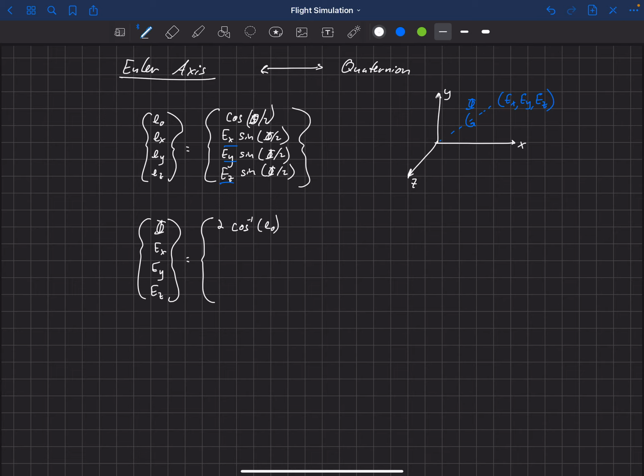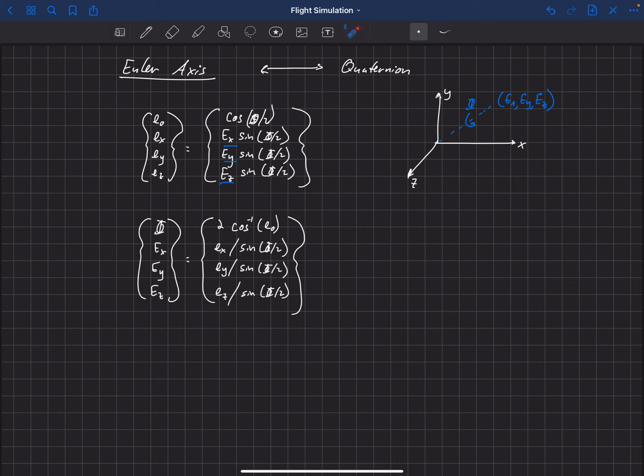And then capital Ex is equal to little ex divided by the sine of theta over 2, Ey divided by sine of theta over 2, and little Ez over sine of theta over 2. Okay, so that's pretty straightforward.